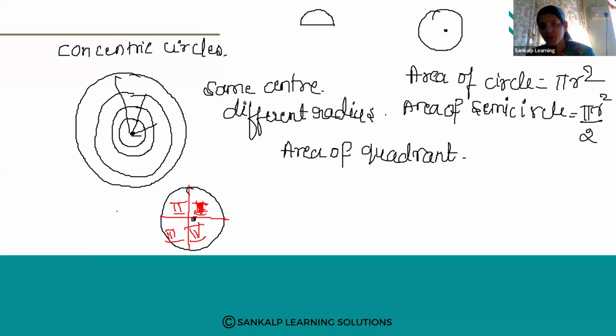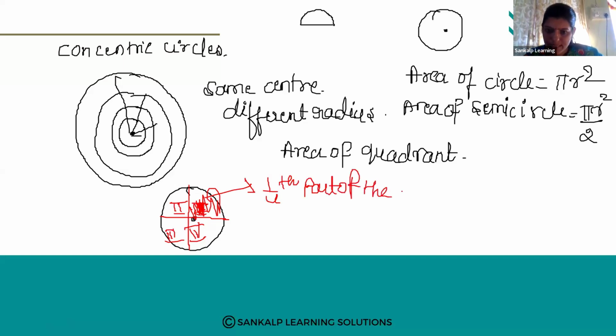Then the area of the quadrant. How are you going to find the area of the quadrant? See, my dear children. Quadrant means it is a 1/4 part of the circle, right? This is a 1/4 part of the circle, that is called a quadrant.